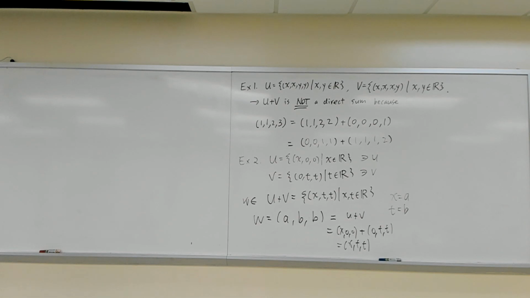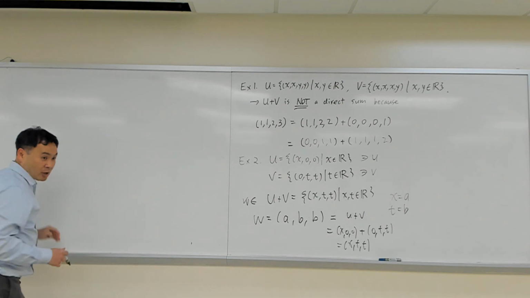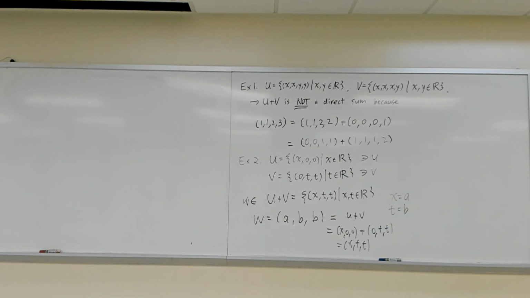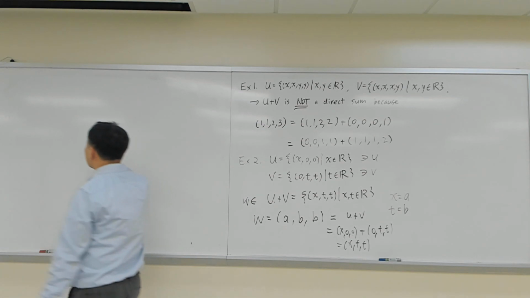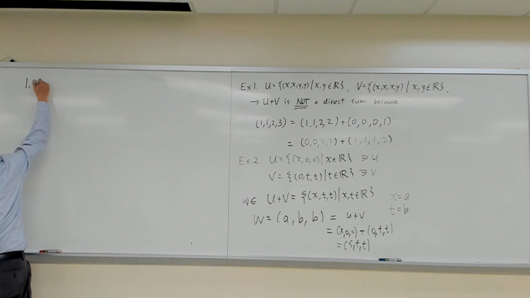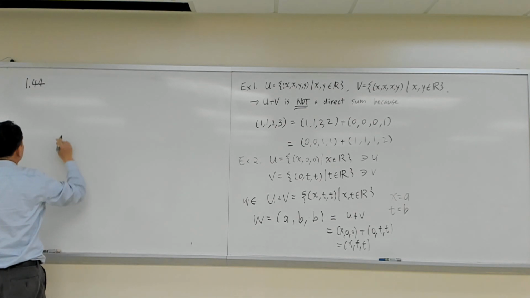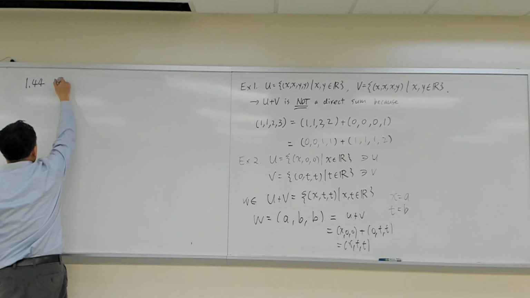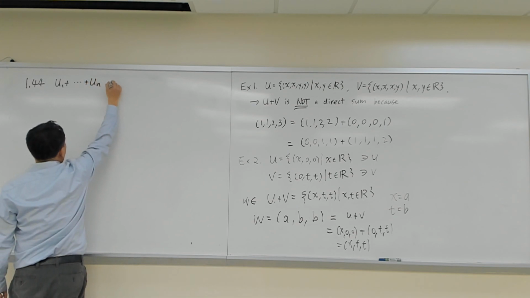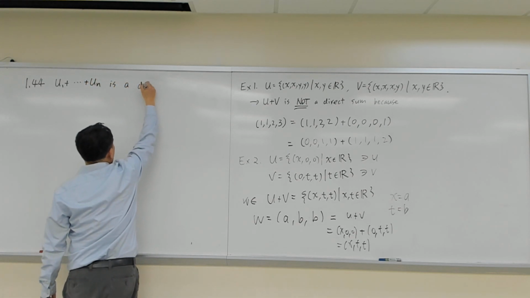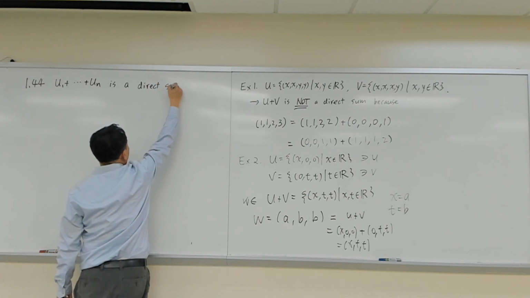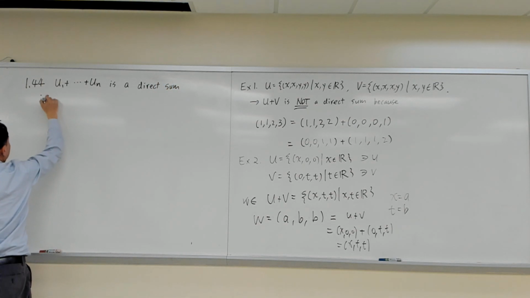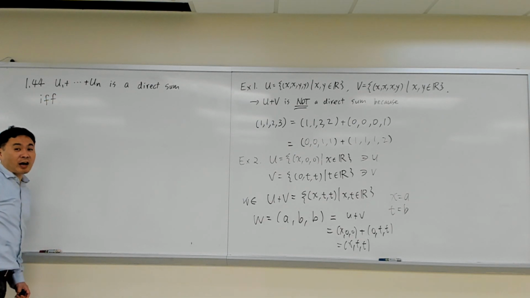Okay. All right. So let me put a theorem. There are two important theorems here. I have to write down the number for it, 1.44 in the textbook. So if you're... 1.44 in the textbook is that u1 plus ... un is a direct sum, what do I mean by IFF?